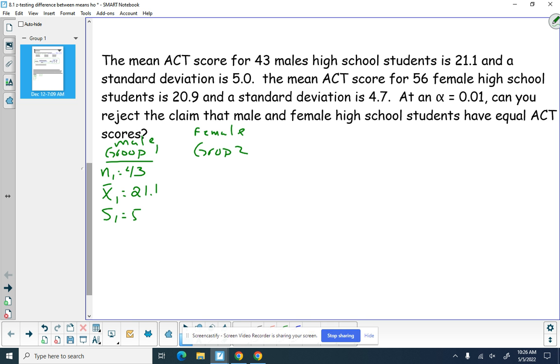So I have group 1 is my males, group 2 is my females. I have 56 females, so N2 is 56. Their X bar is 20.9, and their standard deviation is 4.7.